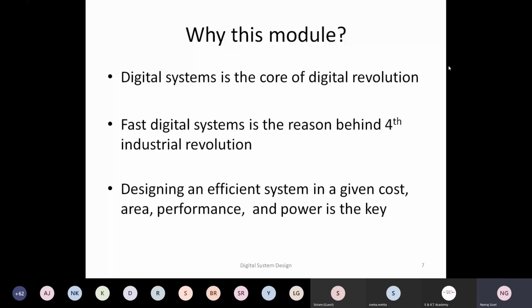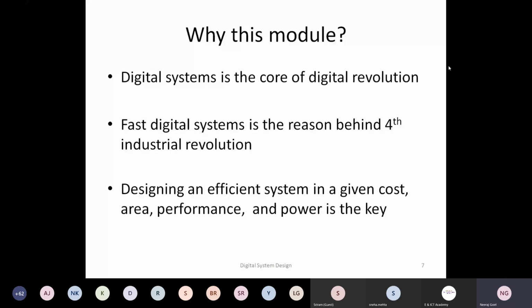Then in the early 21st century we had the internet revolution. And now, in the 4th revolution, we have machine learning and AI based systems. So here we are in the 4th industrial revolution, which will again change the landscape.